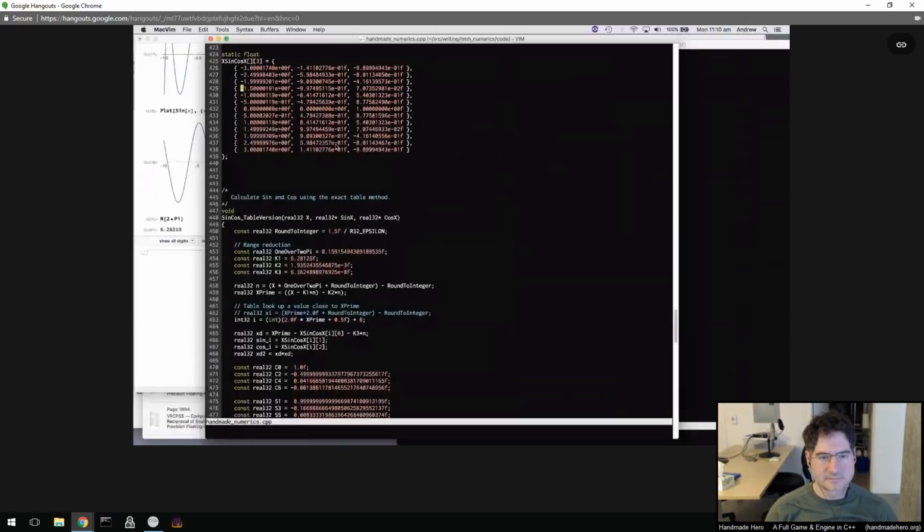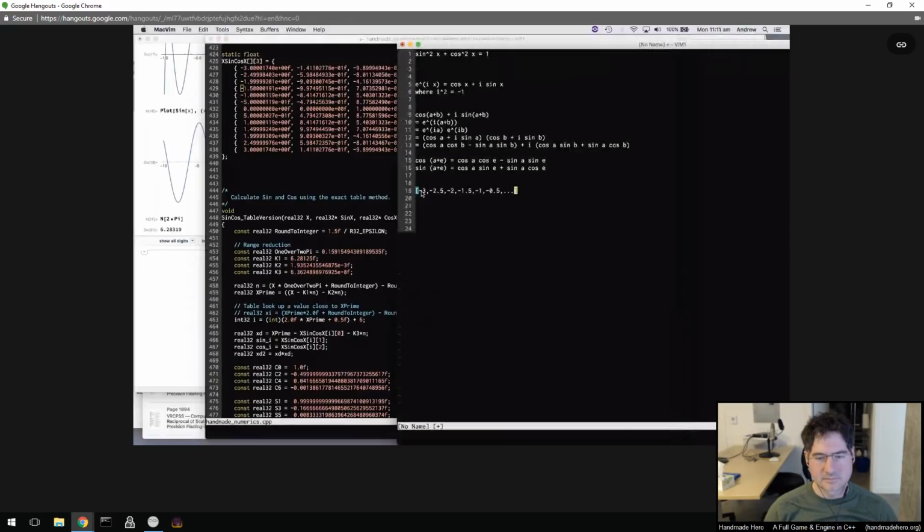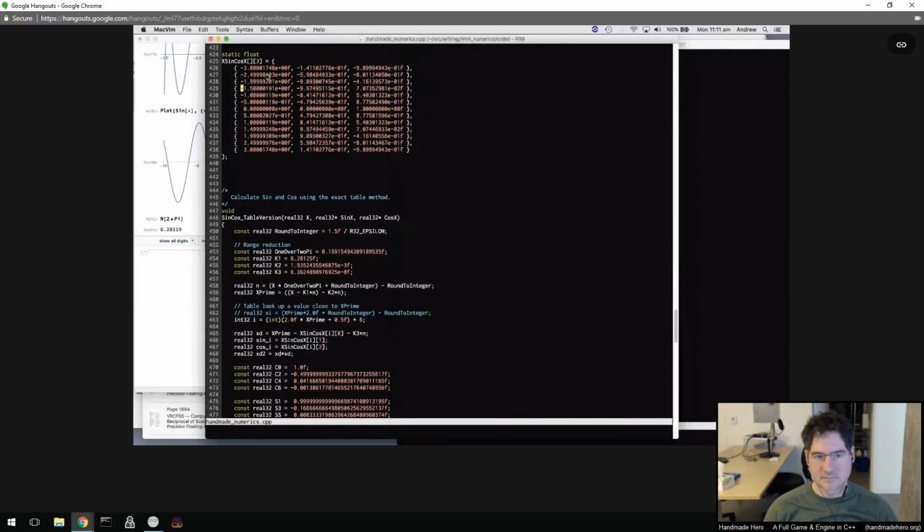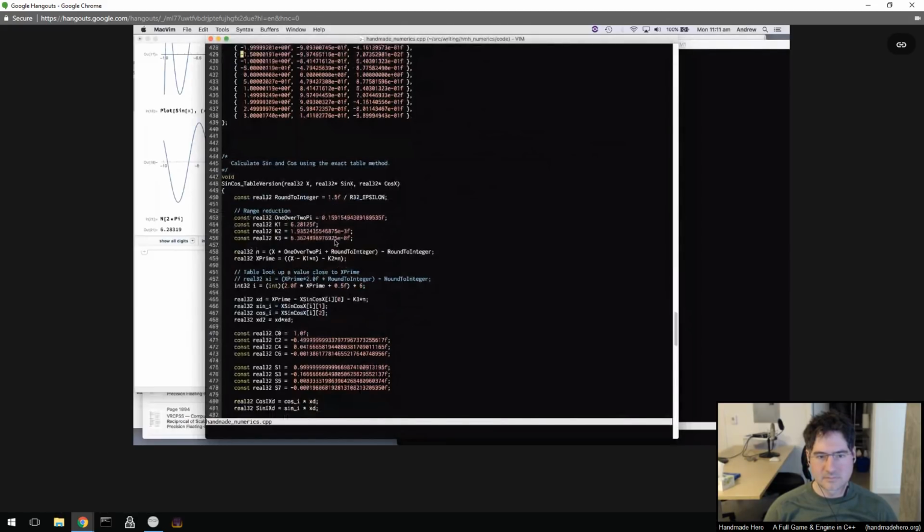Once you're thinking in terms of these tables, there's no reason why you actually have to sample at that point. And there are two reasons. First of all, there's a good reason for putting X in here, and that's so that this calculation doesn't have to be exact.